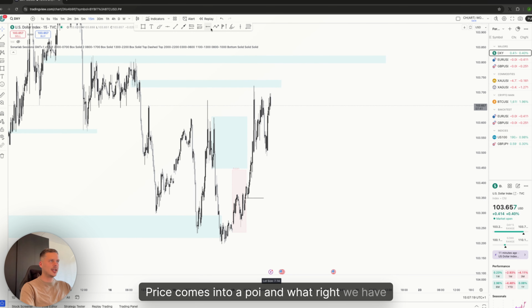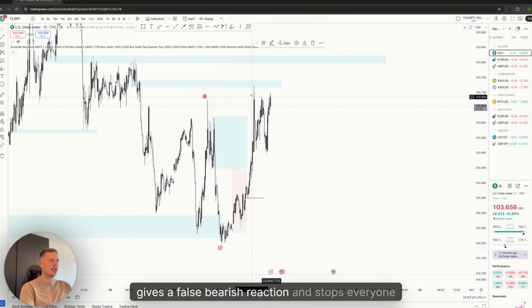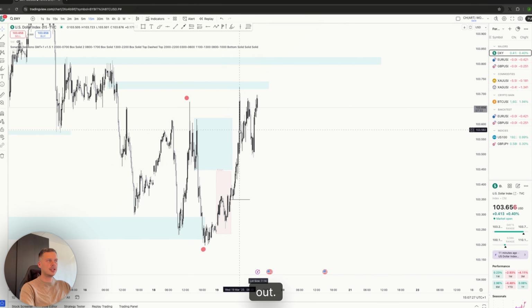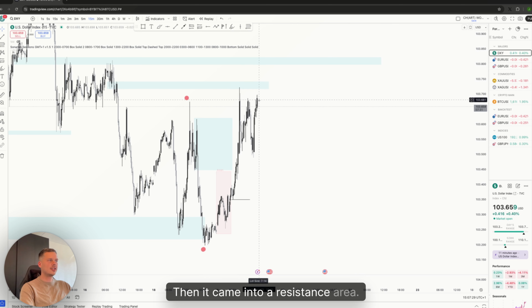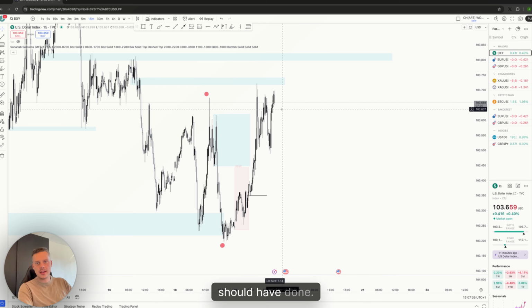We have a bearish range, price comes into a POI, gives a false bearish reaction and stops everyone out. Then it came into a resistance area. So my bias was the complete opposite of what I should have done.